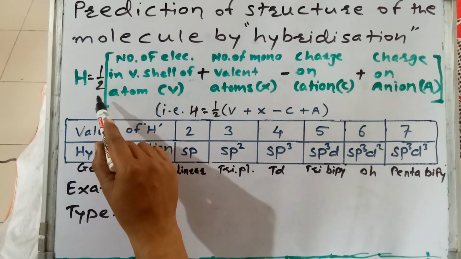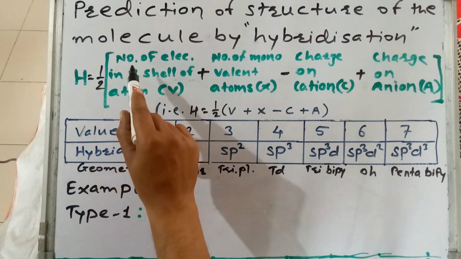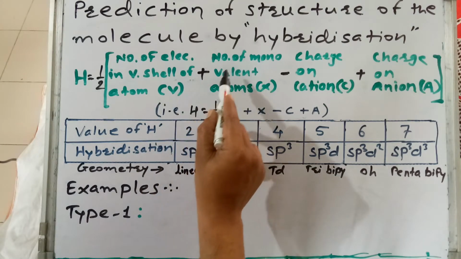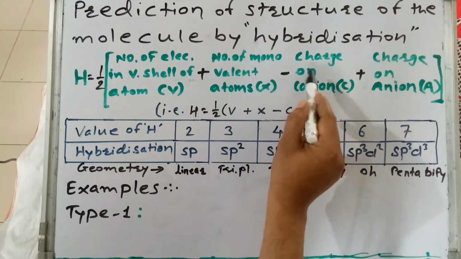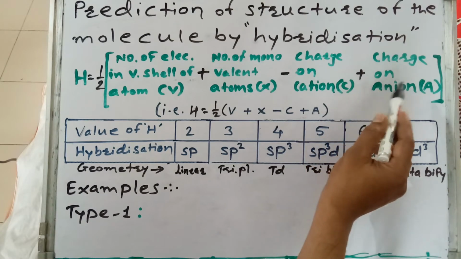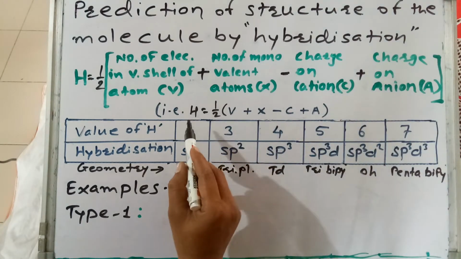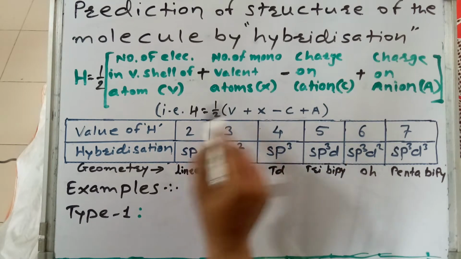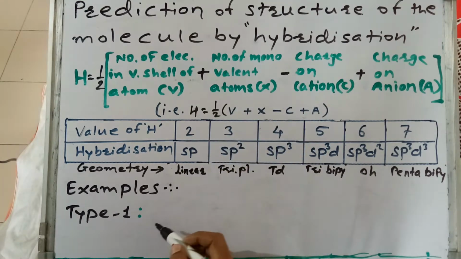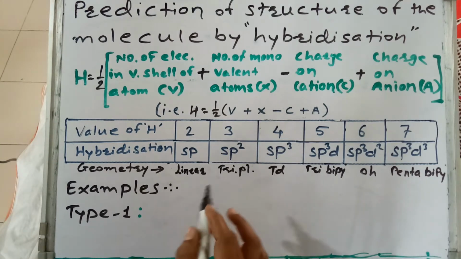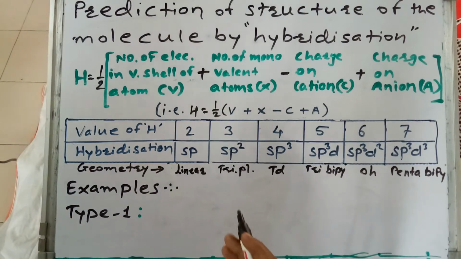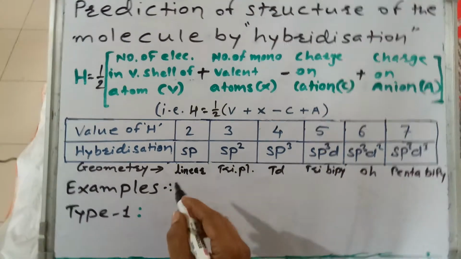It is nothing but half in big bracket the number of electrons in the valence shell of atoms, that is V, plus number of monovalent atoms X, minus charge on cations C, plus charge on anion A. So H is equal to half of V plus X minus C plus A. This is the formula, and it is used to know the hybridization of the different atoms present in the molecules, and with the help of this we can find out the geometry.